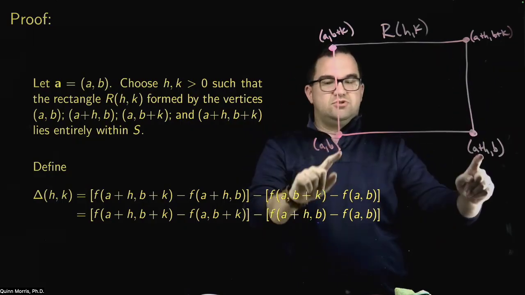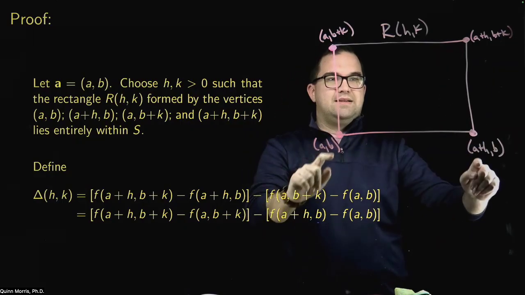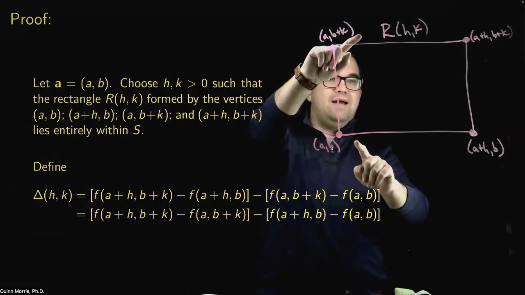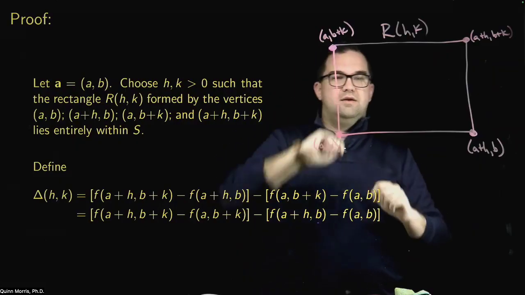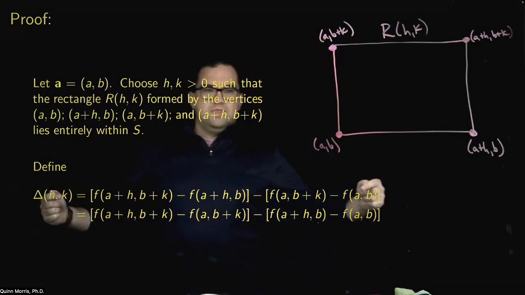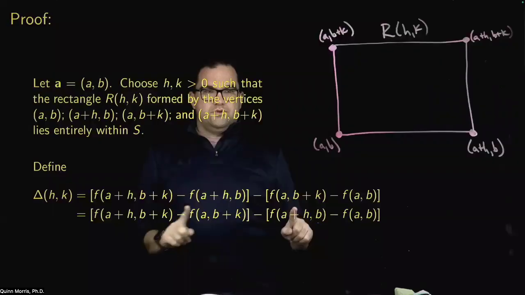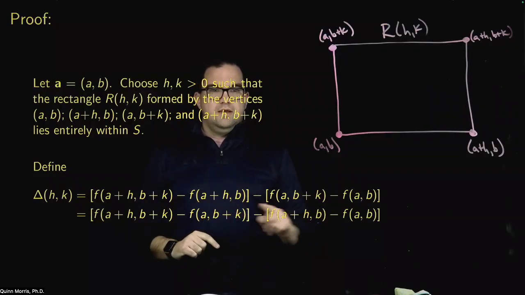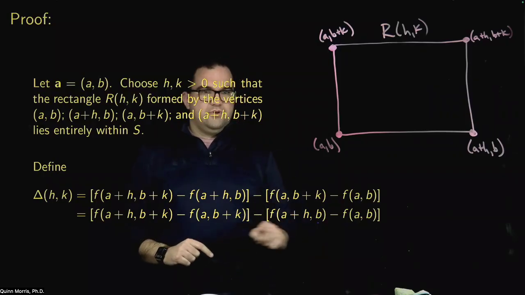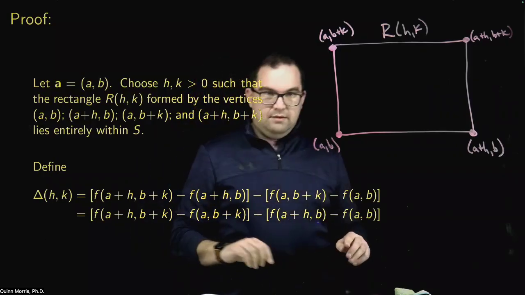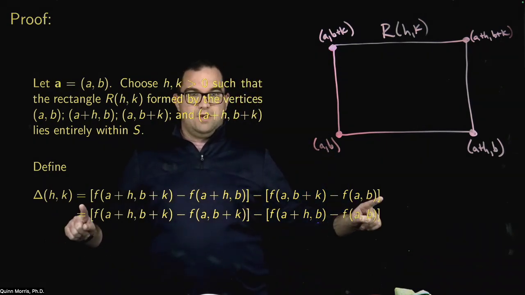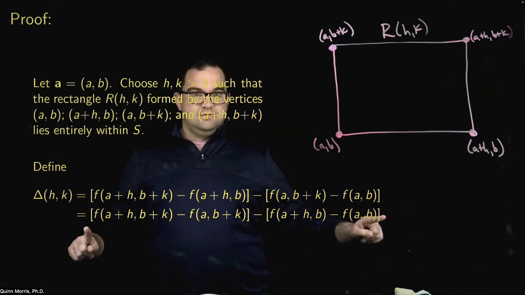So each of these encapsulates a change with respect to x, but then I'm measuring the differences between those two as my y values change. Okay. So again, each of these two expressions is equal to one another. All I've done is swap these interior terms, right? They were both negative here and they're both negative here. So I'm not changing the value of this. Delta HK is defined in this way, and this is equal to this, okay?